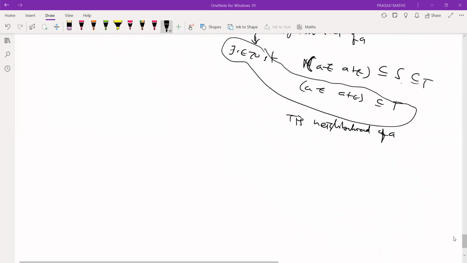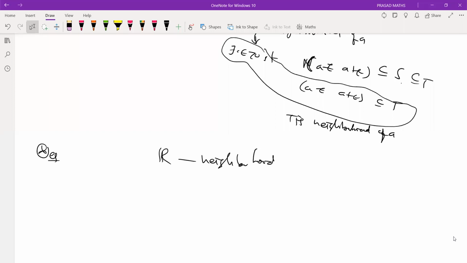What about a subset? Is a subset of a neighborhood a neighborhood of that point? Need not be. If you take R, R is a neighborhood of any real number, for instance 1. Suppose you take Q, a subset of R. Is Q a neighborhood of 1?